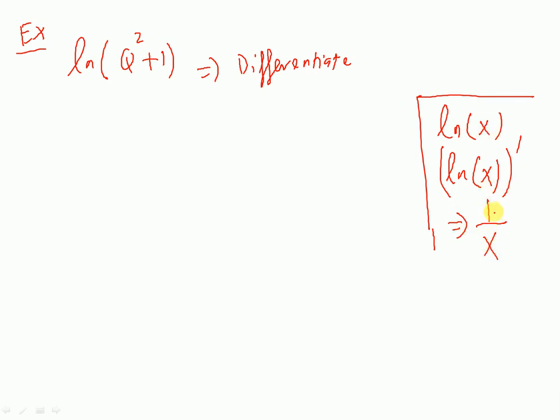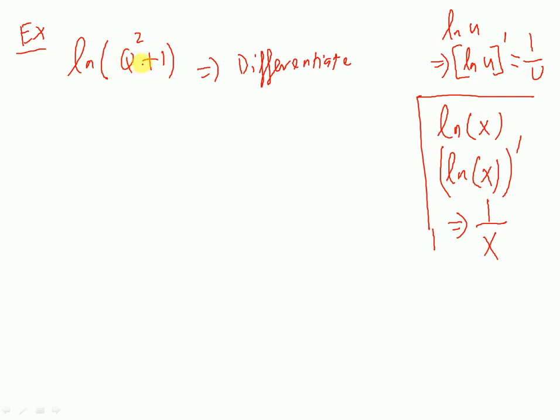This is the formula for the natural log. Or if you have ln of u, then if you take the derivative of this one, you have 1 over u. So whatever the variable is, you just put 1 over that. That's the rule. Now, in this case, we don't have that, right?